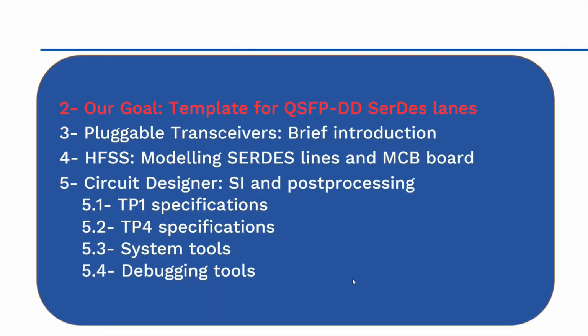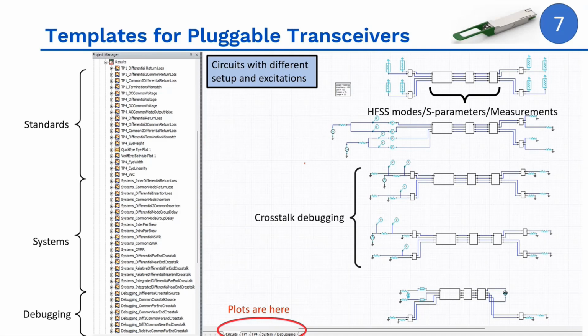So let's talk about this mission. What's our goal from today's presentation? What we are trying to achieve or build is templates for designers to help them verify their designs against all the specifications. Simply, it will duplicate what you will see in the lab when you measure your product, your transceiver, pluggable transceivers in this case. The templates contain circuits of all kinds and also the plots that you see here to the left, and you can also see them from the tabs.